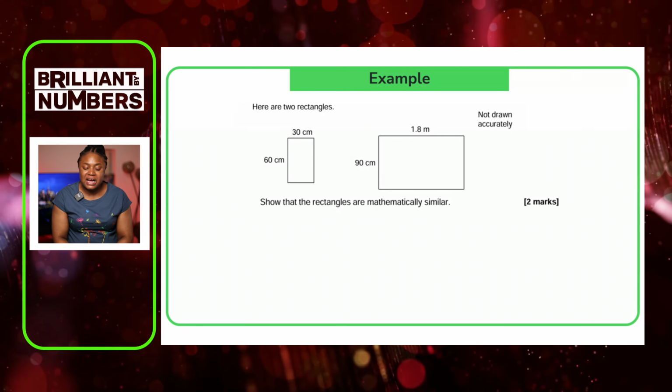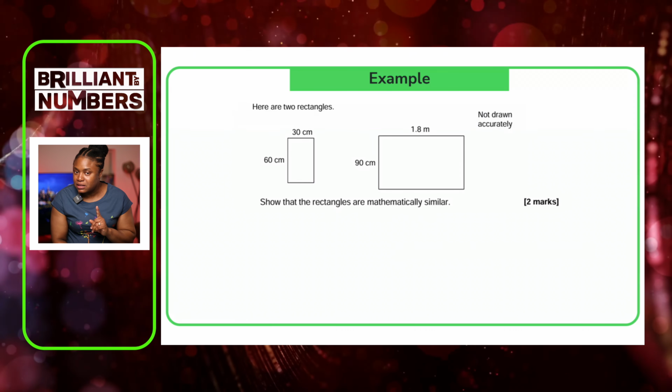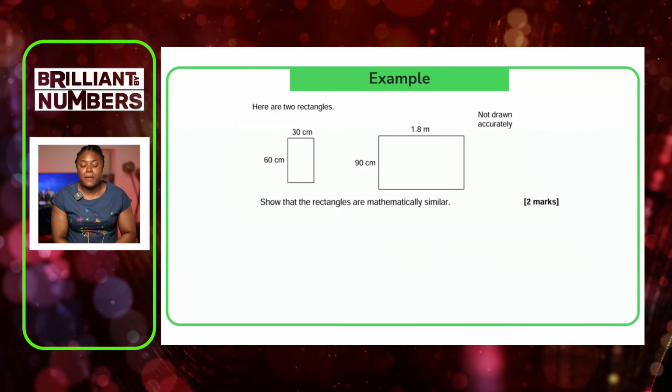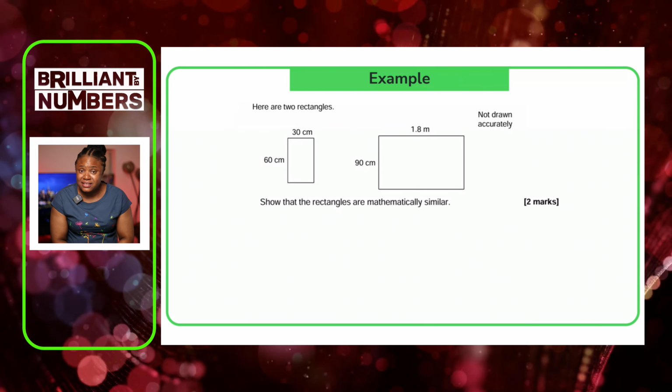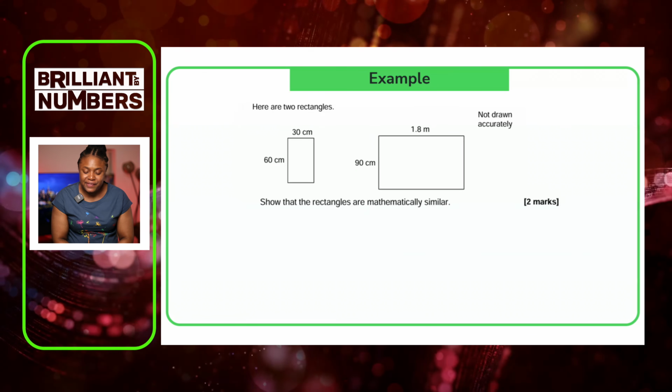Here are the two rectangles. We've got 30 and 60 for length and width, and 1.8 meters, very important here, and 90 centimeters. Meters and centimeters are not compatible, so we must convert.